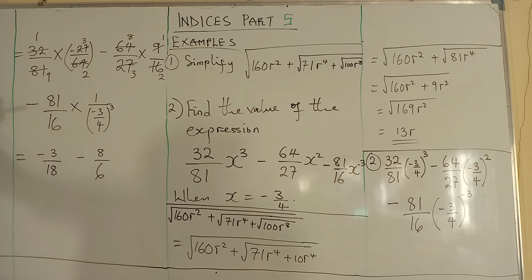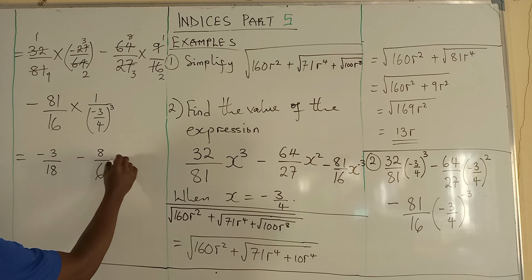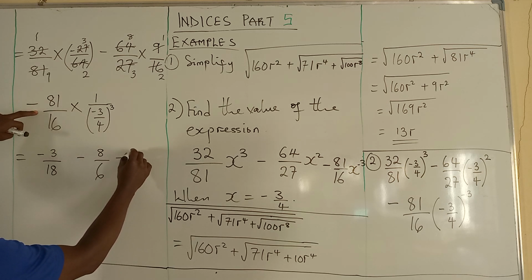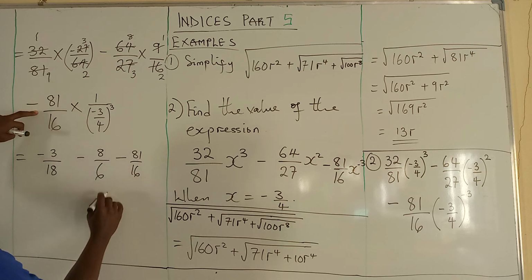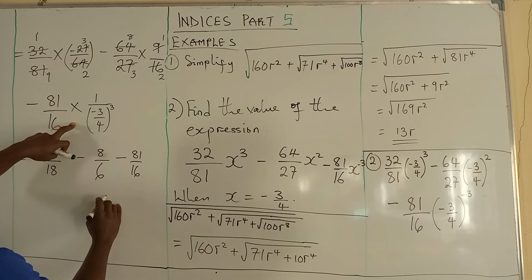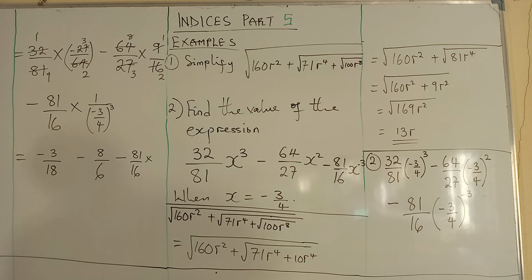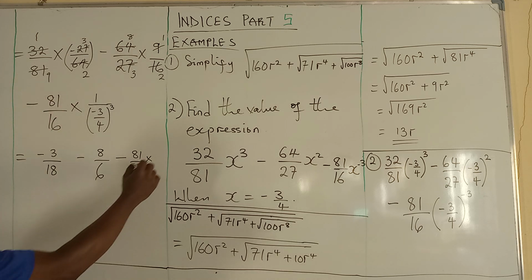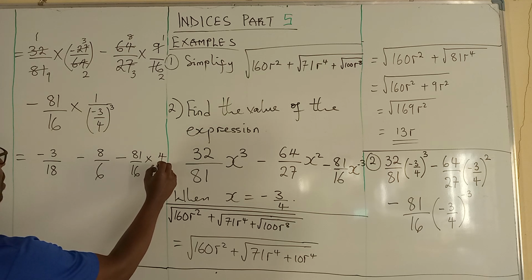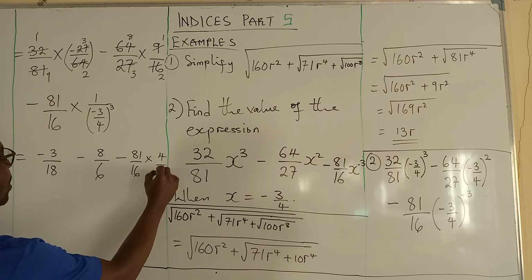Now, let's still look at this one. This one will now become minus, this is 81 over 16 times, this is the same thing as saying 1 divided by minus 3 over 4. When you change this to multiplication, it will now be 1 times 4 will go up and then minus 3 will come down.